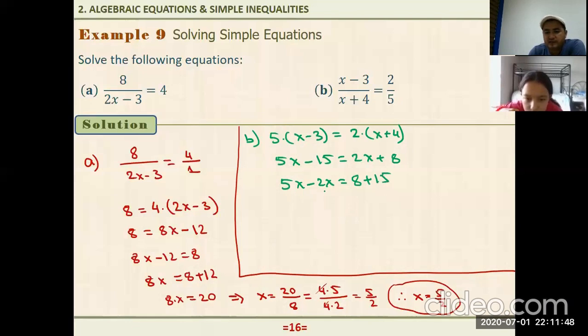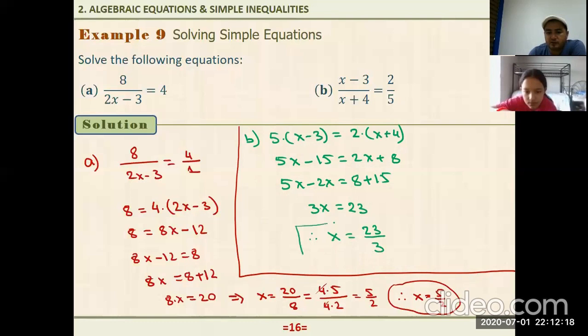Simplify, 5x minus 2x, 3x. 8 plus 15, 23. So now it is multiplied, right? Therefore, x is equal to 23 over 3, I should divide by 3.